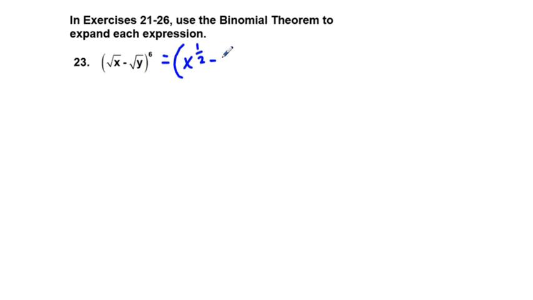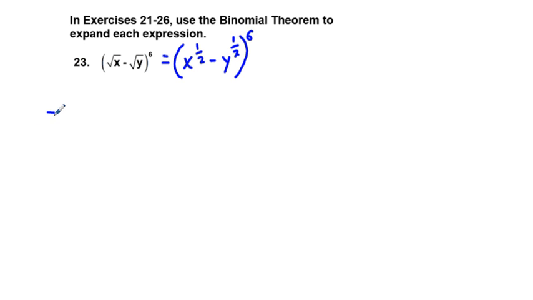Minus the square root of y, which is y to the 1/2 power. And then we're taking all this to the power of 6. So we're going to need a binomial expansion with 6. And for that, let's write this out, what it's going to be.